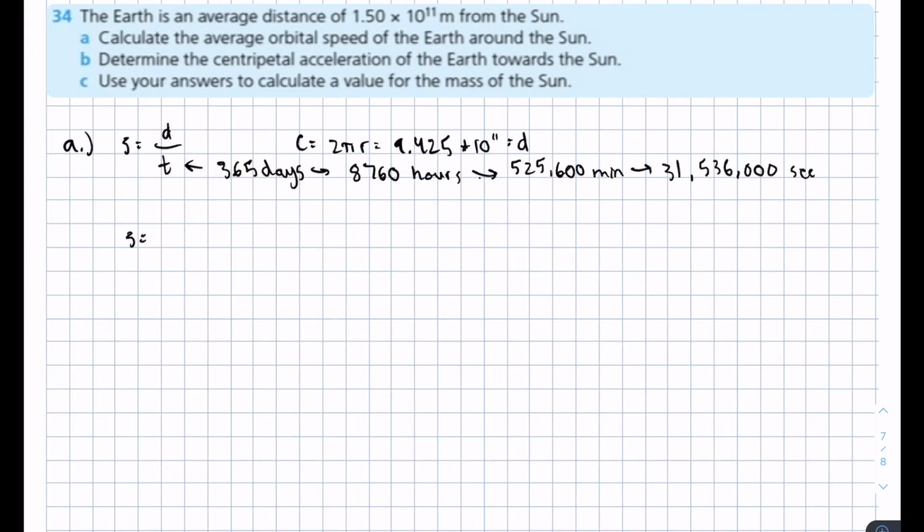So speed equals 9.425, and this can be simplified to 3.2 times 10 to the power of 7.